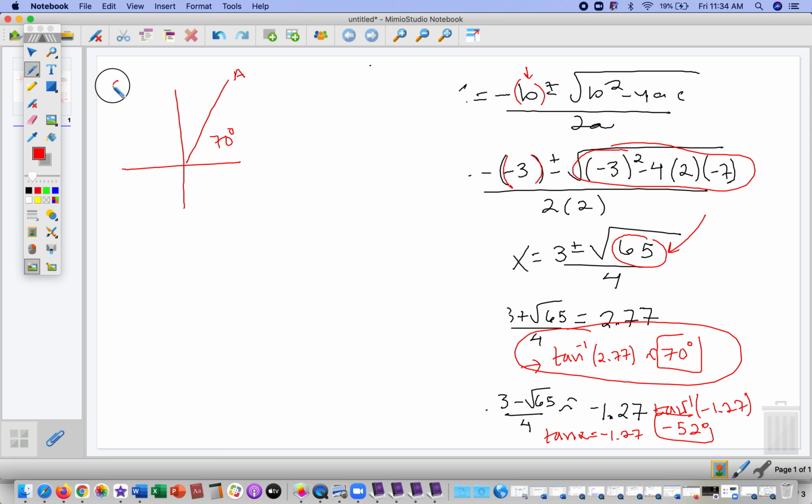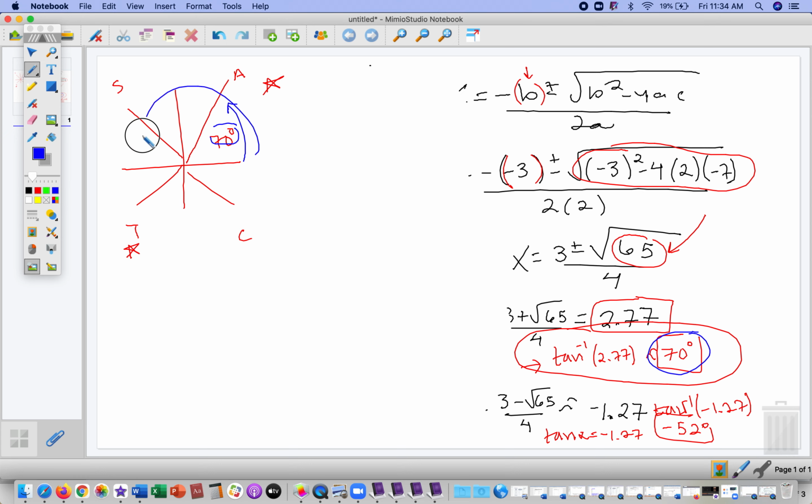We're going to have positive tan in the first quadrant, all are positive there, and we're going to have positive tan in the third quadrant, right? Because the original problem said tan x equals 2.77. So you're looking for where tan is a positive value, first and third quadrant. And then when we used our calculator, we found that inverse tan of 2.77 was at 70 degrees. So one of our answers is 70 degrees.